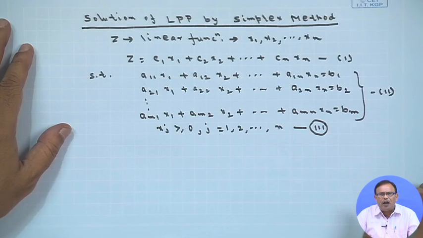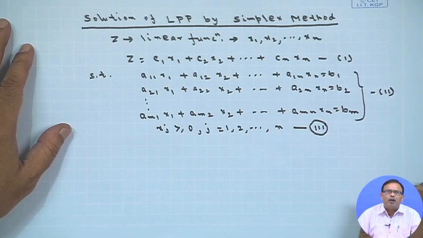So, the general LPP can be defined as optimization, that is maximization or minimization, of a function z equals c1 x1 plus c2 x2 plus cn xn, defined here by 1, subject to satisfying the constraints 2 and 3.